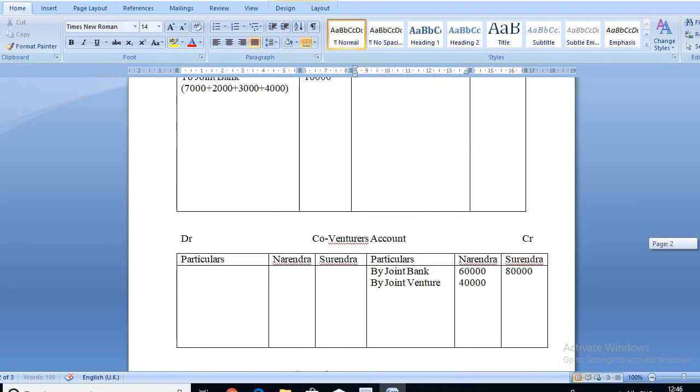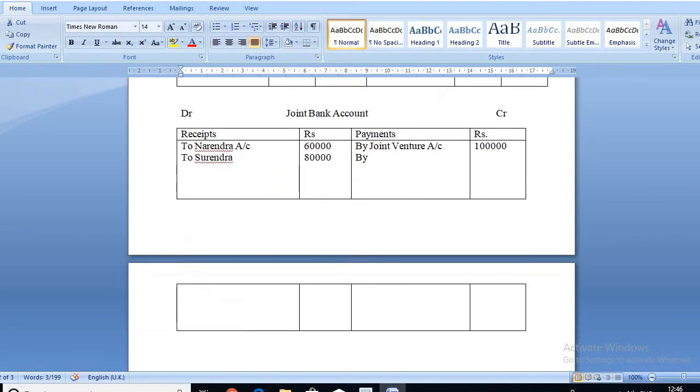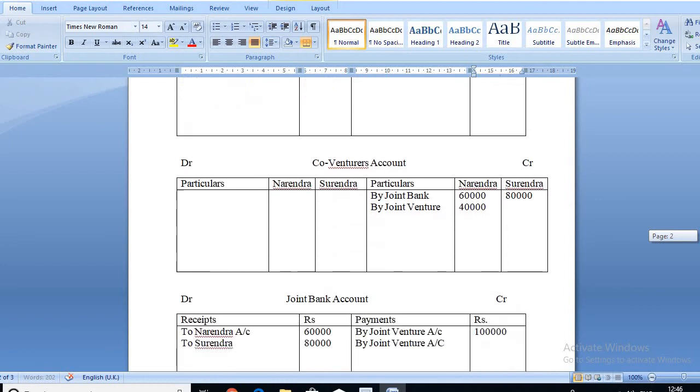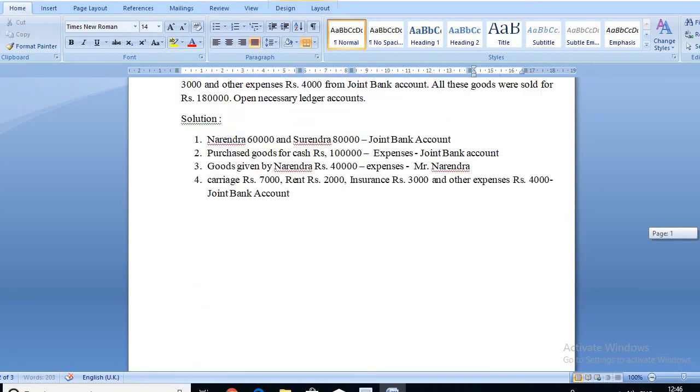Because joint bank is debited in joint venture, here we have to use the word joint venture account. How much? Rupees 16,000. So the fourth transaction is over.